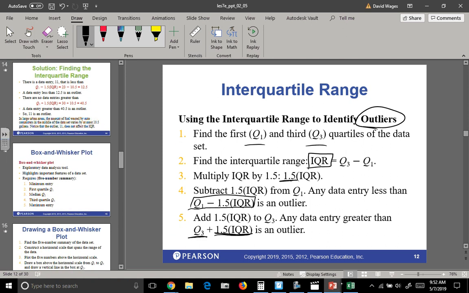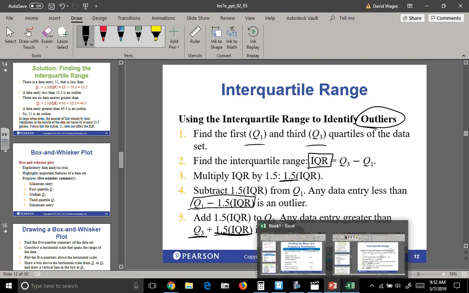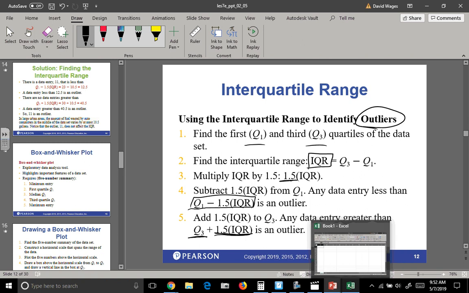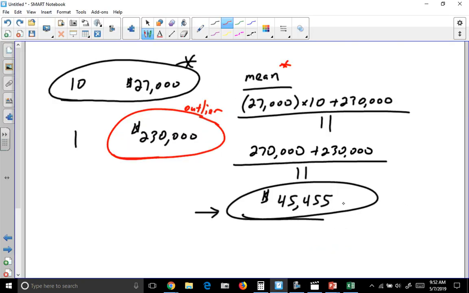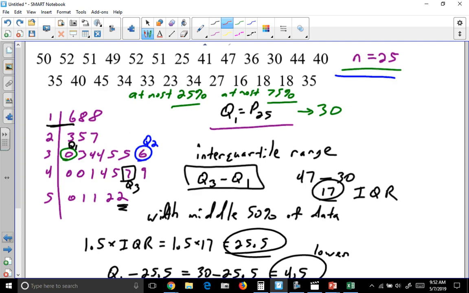And one thing that we do once we get our quartiles, sometimes we use our quartiles to make what is known as a box and whisker display.